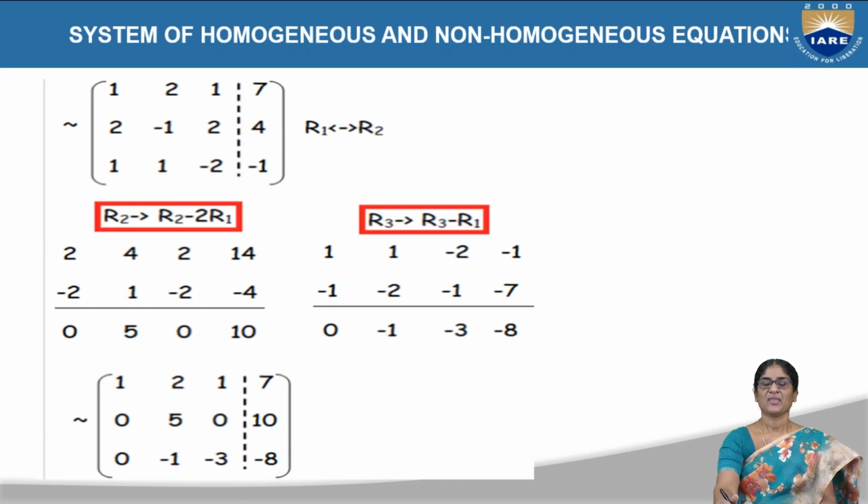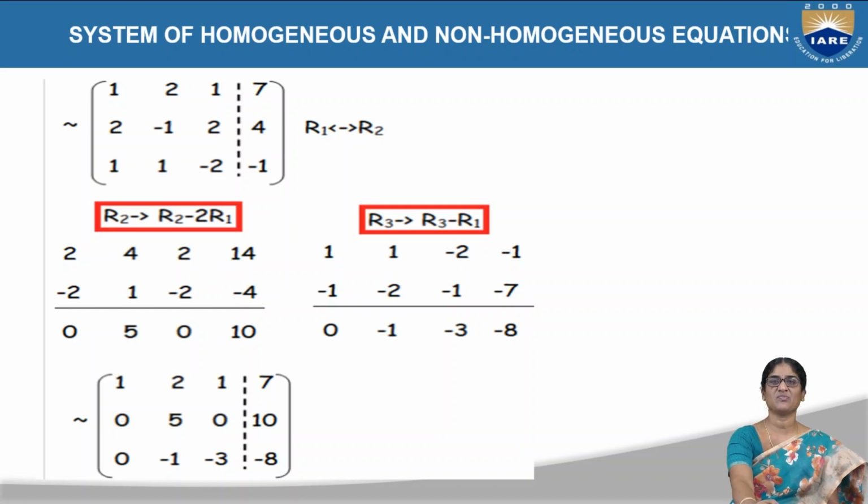After converting this, for R2 minus 2R1, the given matrix is 1, 2, 1, 7; 2, minus 1, 2, 4; 1, 1, minus 2, 1. I am interchanging for convenience, because if the first row, first element is 1, then the operation becomes very easy. R2 minus 2R1: 2, 4, 2, 14 and 2, minus 1, 2, 4 cancel with each other, giving 0, 5, 0, 10.